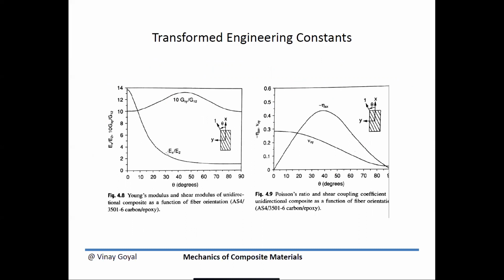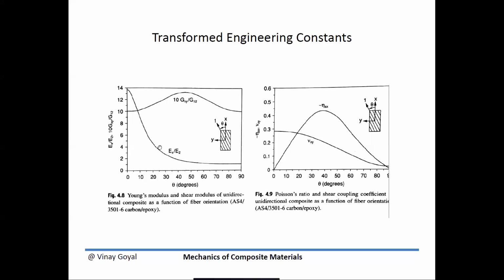And you can see here that if this angle theta was 0 degrees or it was 90 degrees, you will find that EXX divided by E2 will become 1, which makes total sense because now EXX, E2 is aligned with the one direction, okay?